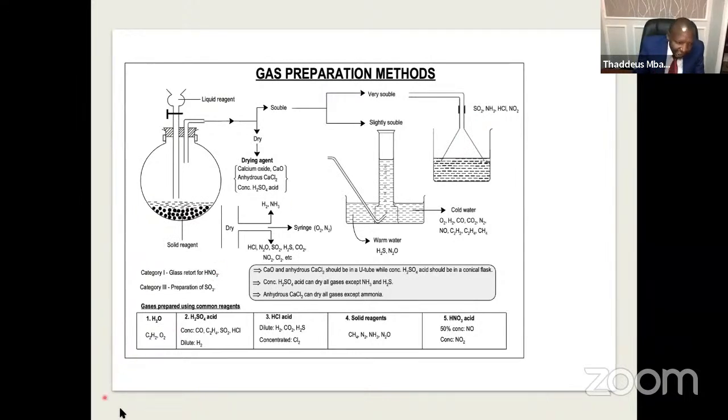But a catch is there. An examiner will come here, label this apparatus as apparatus P, and then ask you, what is the name of apparatus P?